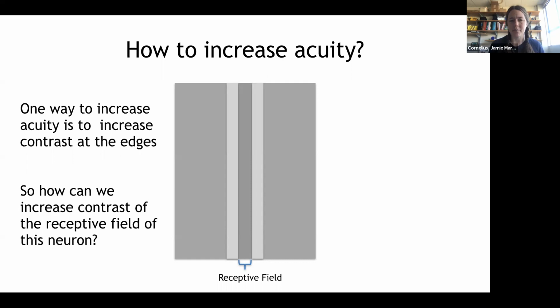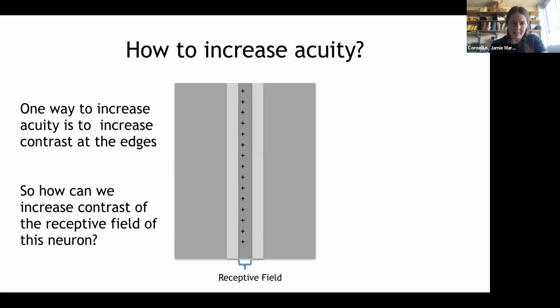And if you think about how we can do that in terms of a neuron's responsiveness, how can you create contrast? We know that in the receptive field neurons fire a lot of action potentials, and that's surrounded by the rest of the sensory space that fires just weak background noise.